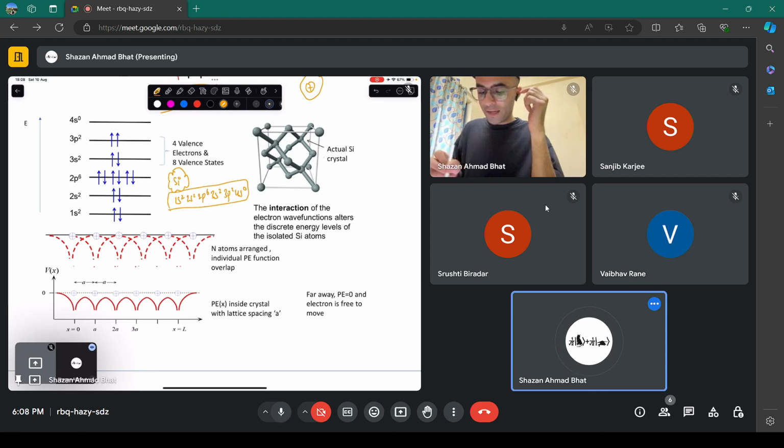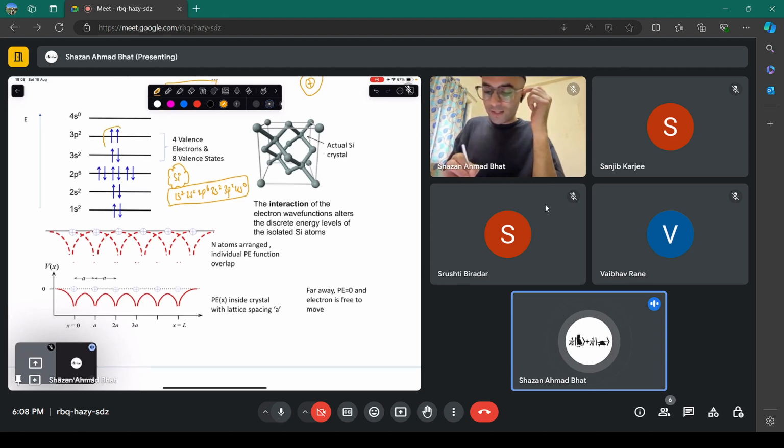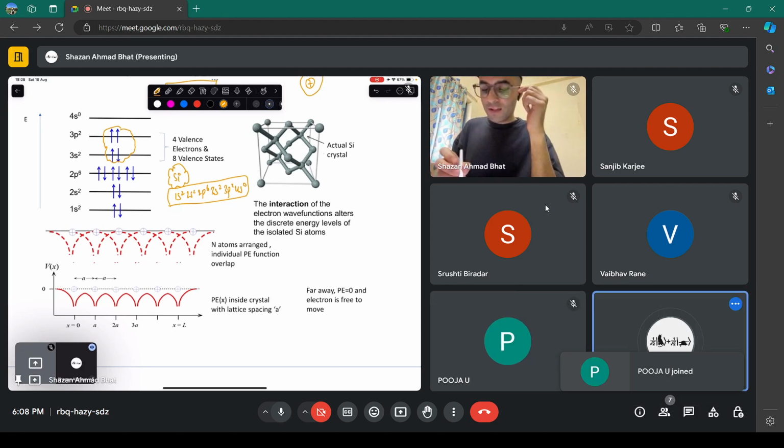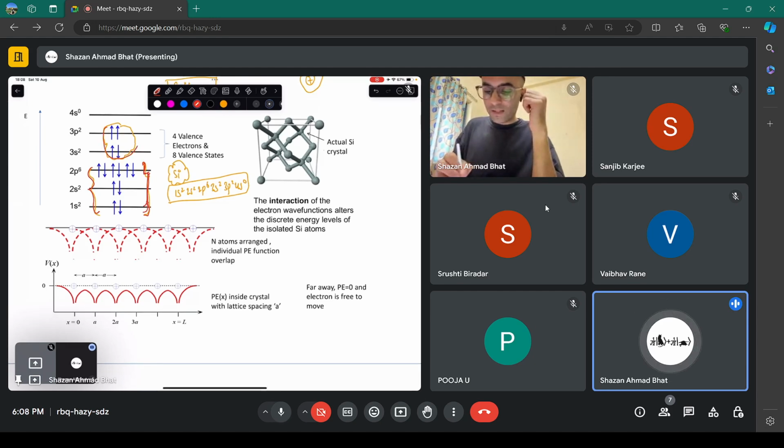That means these electrons are the valence electrons, the outermost orbital electrons. These particular inner electrons are tightly bound to the nucleus, so they don't play a major role in the conduction process, which you will see in the upcoming slide, because they are closer to the nucleus. But these outer ones are important for us, particularly these ones.